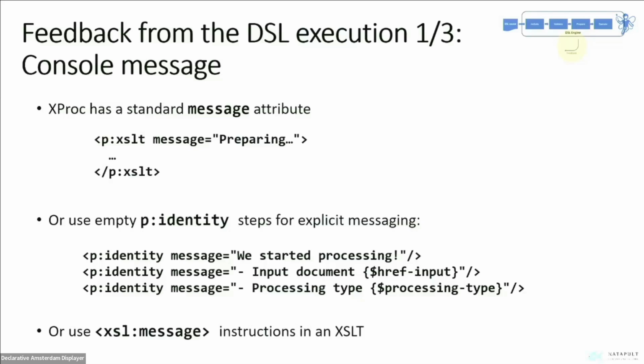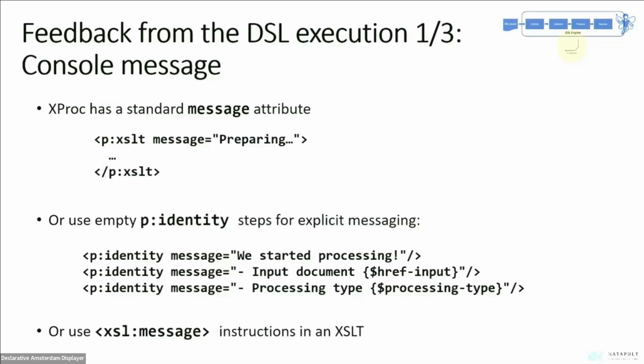XProc also has a p:identity step, which does nothing. It just takes the input and outputs the input, which is actually very useful in several situations. But you can also use it to produce messages like I'm doing here. What would happen down here is that these three messages will just pop out of your console. Or you can also do the xsl:message inside an XSLT.